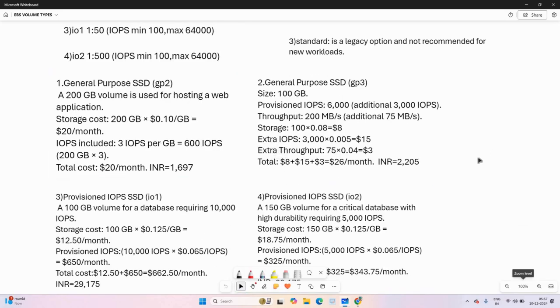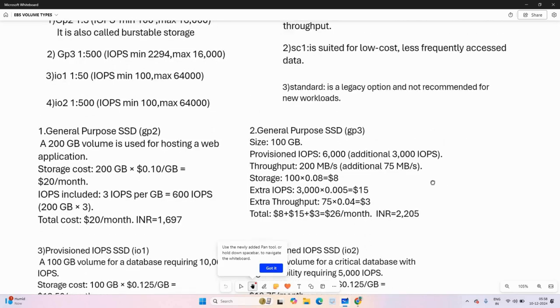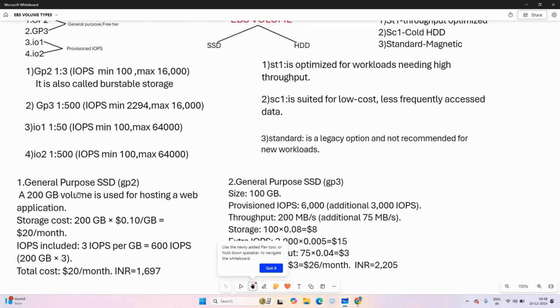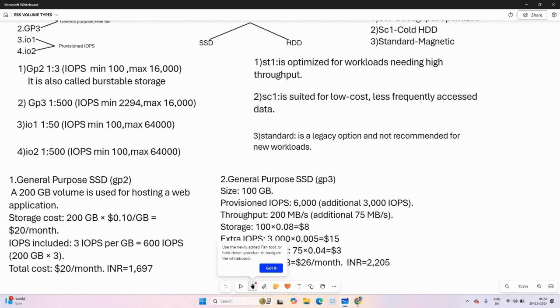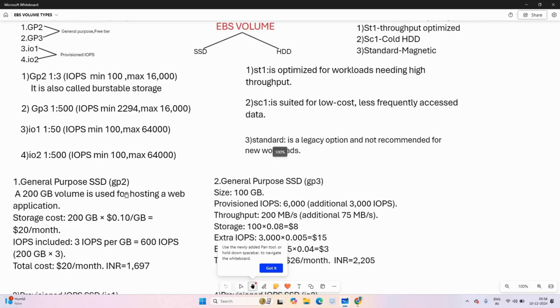And this is how the EBS volume is calculated based on the AWS pricing technique. For GP2, if we select a 200 GB volume used for hosting a web application, the storage cost is 200 GB for GP2.